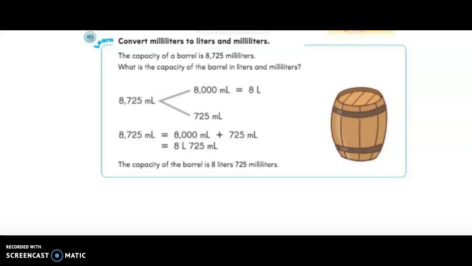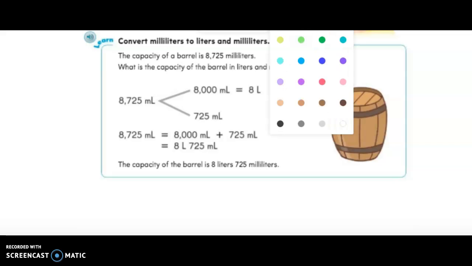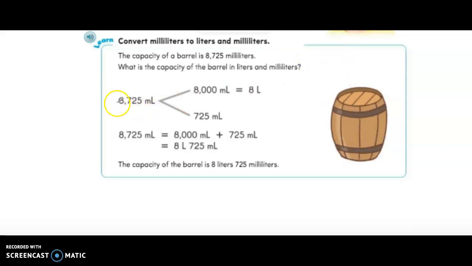Again, we want to be asking ourselves, how many thousands can we pull out of this? So we have 8,000, and now we're working the other direction. We're dividing by 1,000 to be left with just 8 liters. And then we can't forget about the rest. That's 725, which stays.